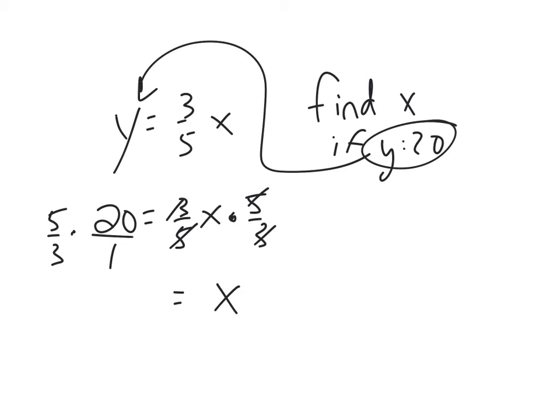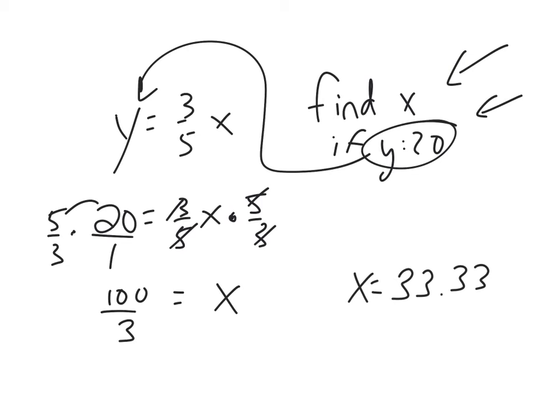So I'm left with x over here. And now that's 5 times 20 is 100, and 3 times 1 is 3. So it's 100 over 3, so x is 33.33, because 100 divided by 3 is 33.33. And that's what you're looking for. You'll do the same thing if they switch these two around. Okay, if they say find y if x is 20, then we do the same thing, but we plug it in for x instead, and that's a little bit easier.